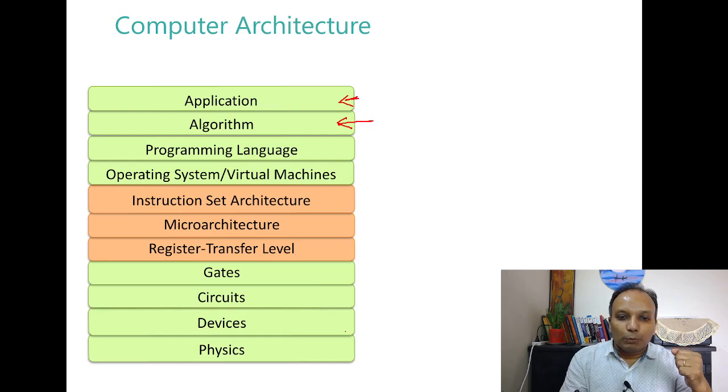Similarly, if we look from the bottom, you have your physics, and using the phenomena of physics you build devices in the form of transistors. So, basically you design, let us say, NMOS, PMOS transistors which are based on some silicon substrate, etc. Using those transistors you can build circuits, and using those circuits you can build gates.